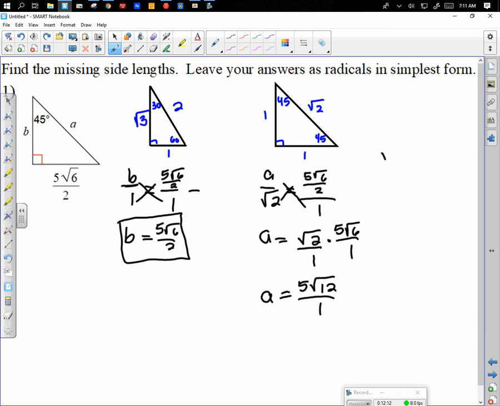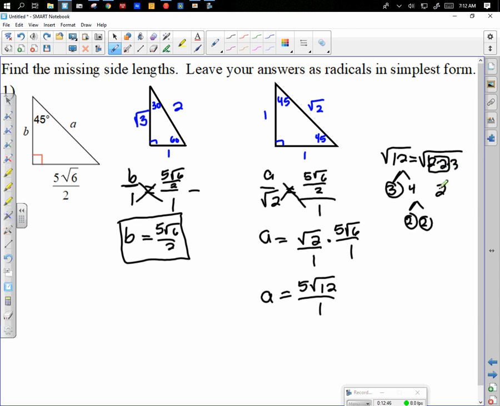Now, simplify radical 12. Factors of 12 will be, let's say, 3 and 4. 3 is prime. Factors of 4 will be 2 and 2. So right here, this becomes square root of 2 times 2 times 3. The numbers are circled. Now, 2 times 2 will give you 4. Square root of 4 will give you 2.